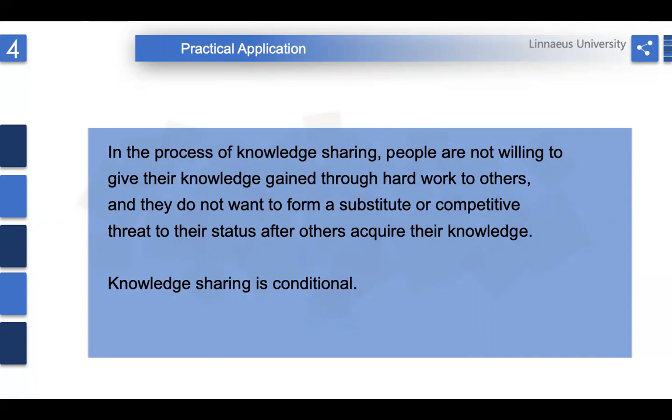Therefore, in order to protect their interests, people tend to be cautious about the issue of knowledge sharing. They tend to monopolize knowledge, try to make knowledge personal, and thus shape their competitive advantage, rather than let their knowledge be shared.